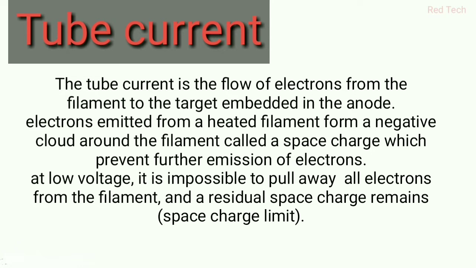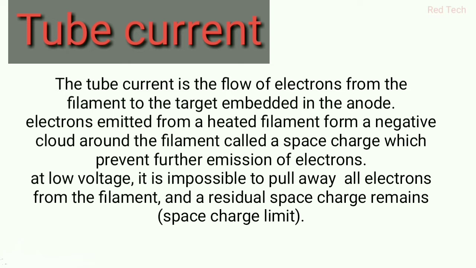When the filament gets heated, electron emission starts and forms a negative cloud around the filament, which is called the space charge, which prevents further emission of electrons. Otherwise, electrons would be emitted continuously, and our tungsten may be harmed or become useless very soon.